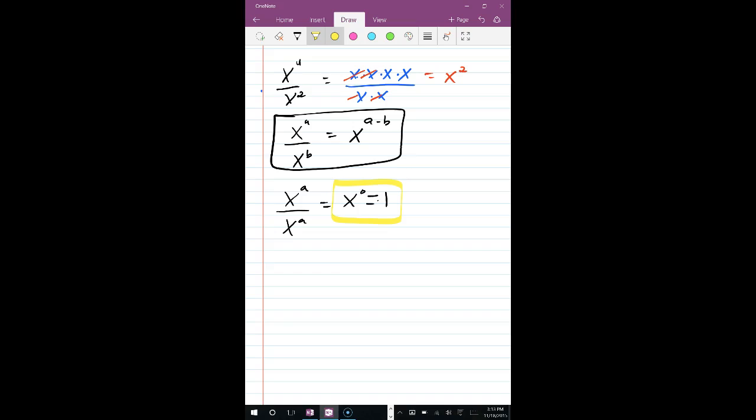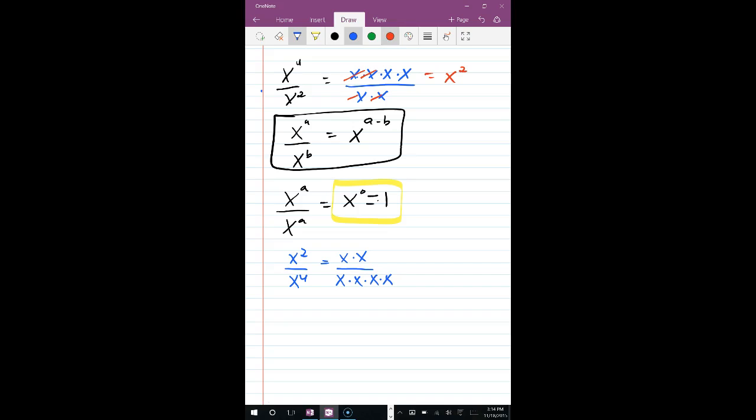Another neat corollary of this is that we can get what the idea of a negative exponent is. For example, if I had x squared divided by x to the 4th, we know that the x squared on top means x times x. The x to the 4th on the bottom is the product of 4 x's.